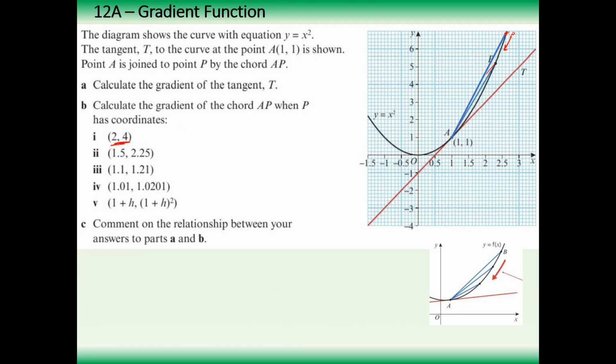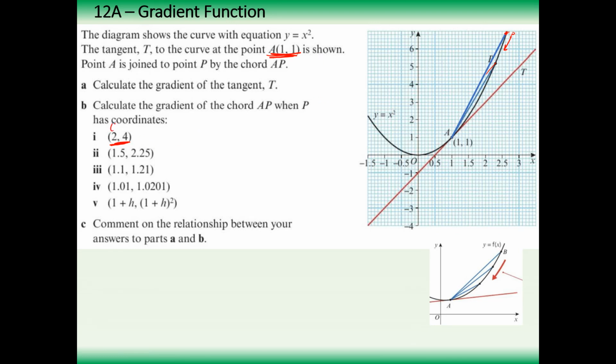So first the coordinate of P was at 2 and 4. Now calculate the gradient of that line at that point. The coordinate of A, by the way, is 1, 1. That's fixed.